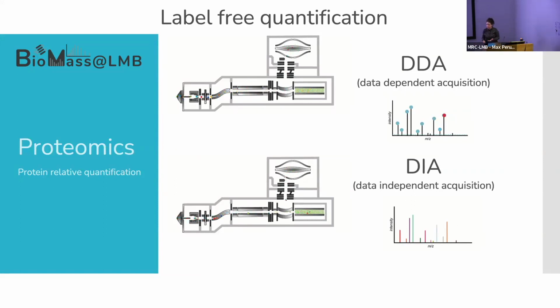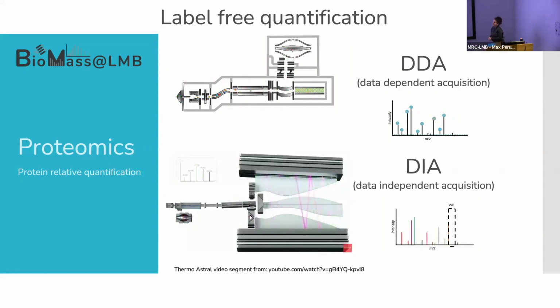But thankfully, nowadays, we have really good software to deal with this information. There's also a more recent generation of mass specs that does this really fast. By doing this really fast, you can compress the window size that you're using in your DIA to the point that it's exactly the same size as the isolation windows that you're using in your data-dependent analysis.